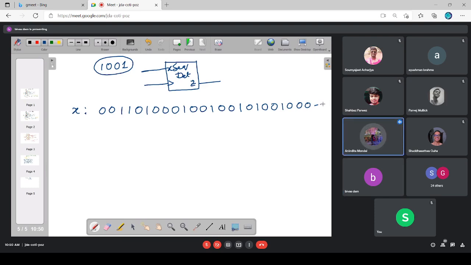At every rising edge of the clock, one bit is entering. That means at the first rising edge I am getting this bit, then here, then this bit. This way the input sequence is coming.